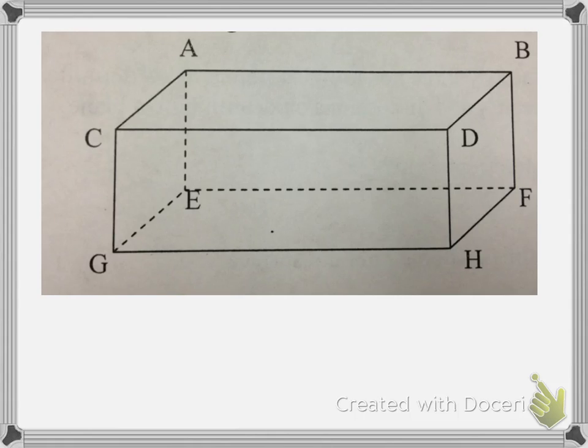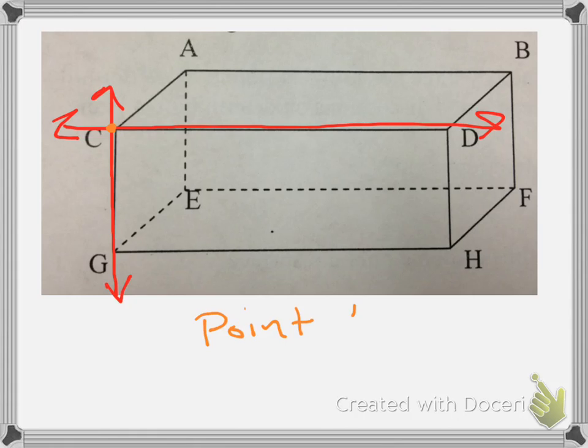This one says find the intersection of CG. So CG is this line right here, and CD is right here, and where they intersect is right here at point C. Right?